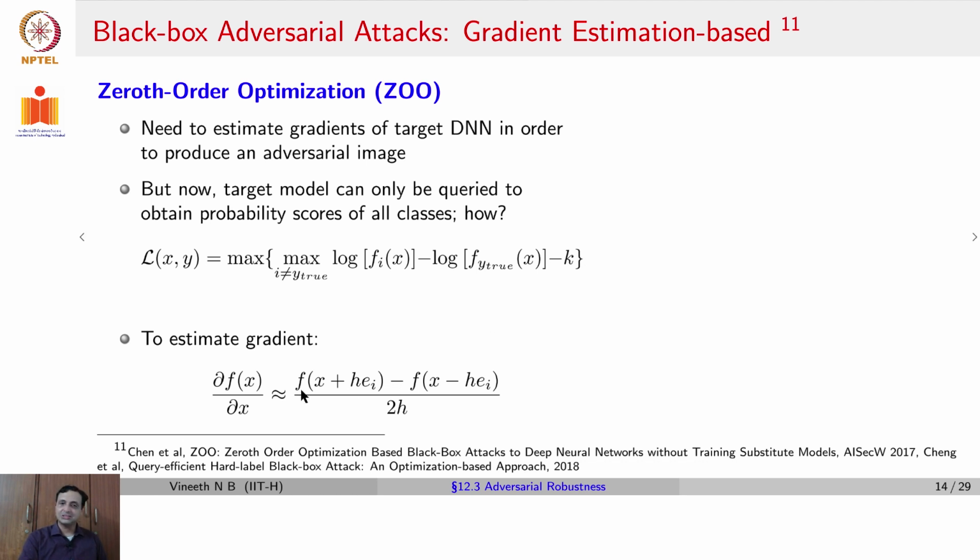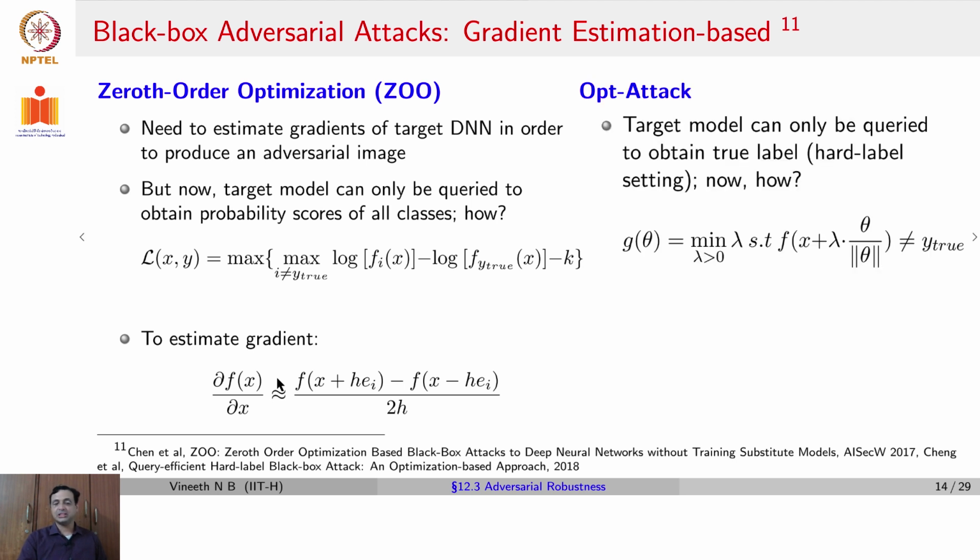You do a forward pass of f of x plus h e_i, where e_i is a small perturbation, minus f of x minus h e_i, divided by 2h. We know from first principles that this is an approximation of the gradient, and I could now use this as an estimate of the gradient and then do any method similar to one of the white box attacks.